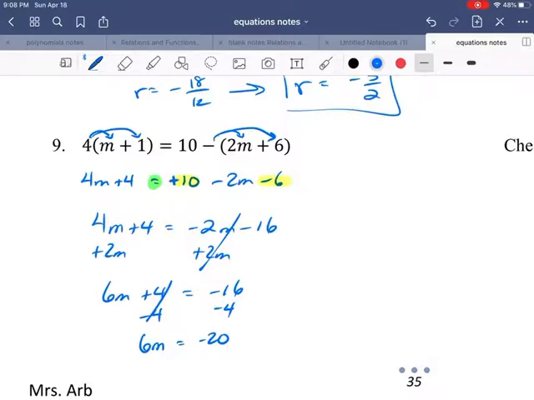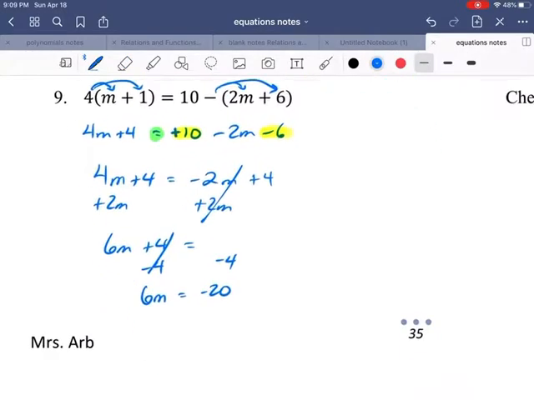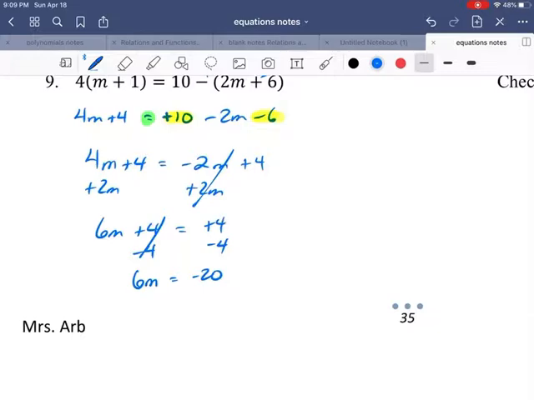So positive 10 minus 6, that's going to make this positive 4, and positive 4 minus 4 gives me 0. And if you divide by 6, m still equals 0.